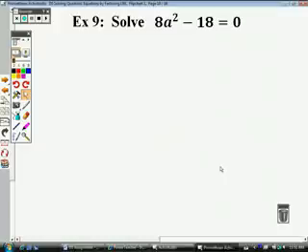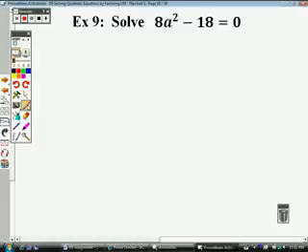Does that look like it's got a GCF? Let me give you a little hint though. After you take out the GCF, see if you see something else. After you factor out the GCF. What is the GCF? 2.